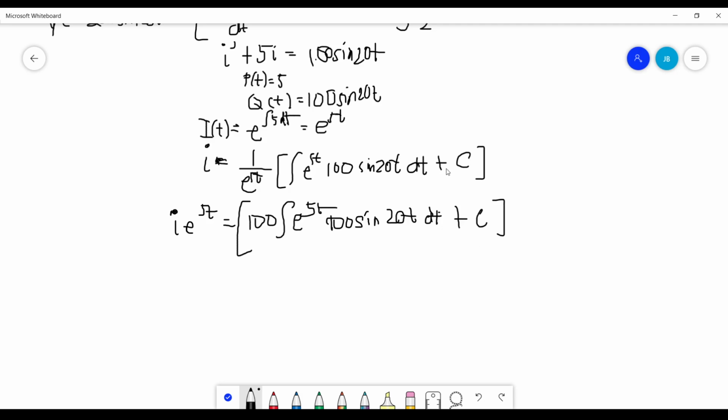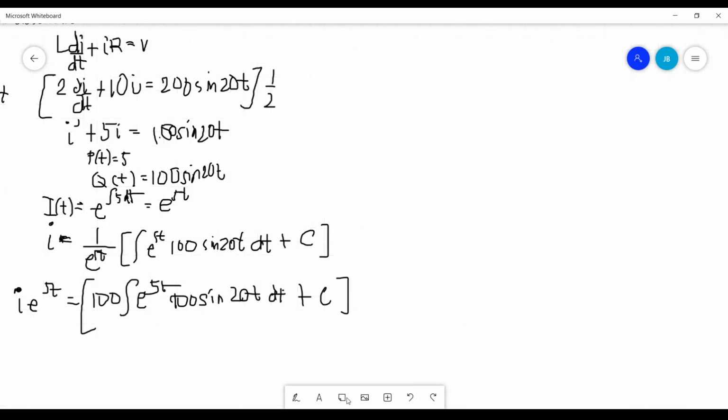Okay, so guys, let's have a separate solution for integration by parts here. So this one is the integral of e to the 5t, 100 sine, this should be erased, 100 should be erased already, because we take it out since it's a constant.